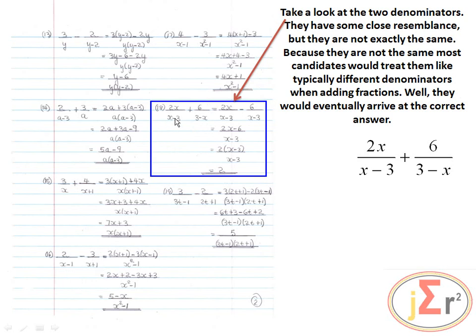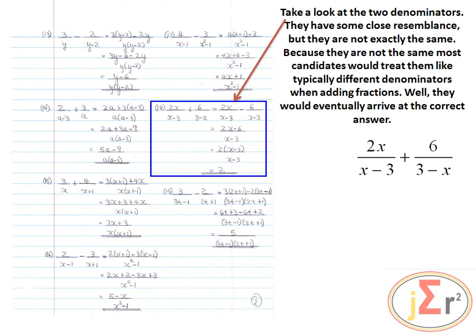Now we have x minus 3, we have 3 minus x. Maybe some might look at it and say, that's quite similar. Well, maybe in appearance only, but mathematically they are very much different, and the consequences are not really closely related to each other.